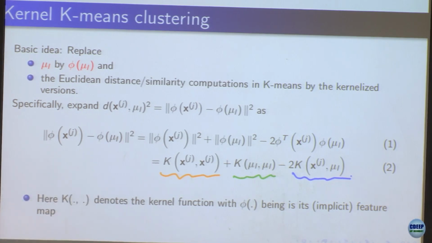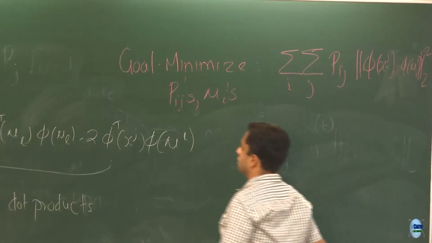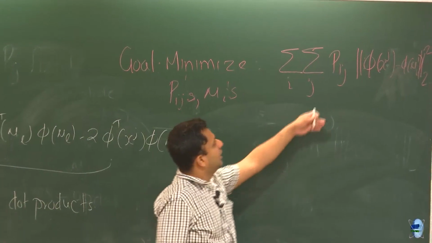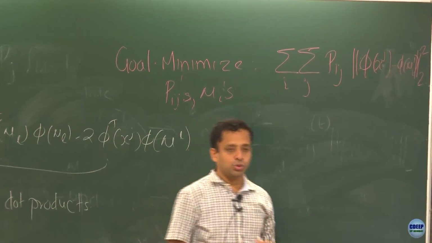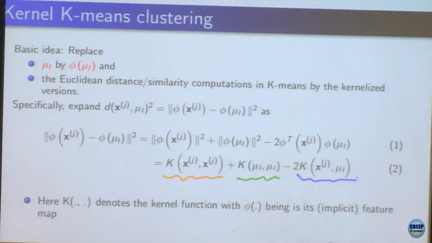This was the backbone of our k-means algorithm, which is computing distance between points. That's what we will do here also. Minus phi mu l squared. This remains the same. But what are the two steps you'll need to see? If you want, you can expand this.